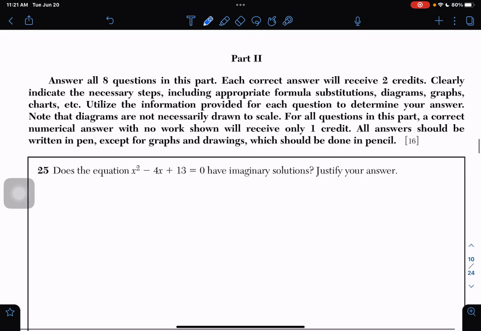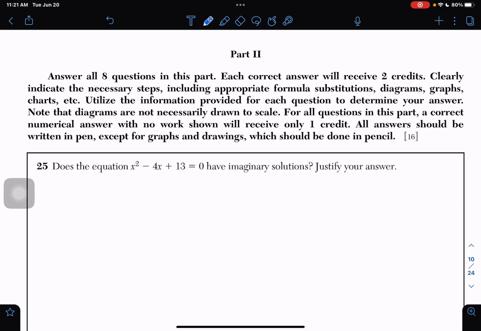All right, let's keep going. Does the equation x squared minus 4x plus 13 equal to 0 have imaginary roots? Well, all we need to worry about is the discriminant, the part under the square root, b squared minus 4ac. A is equal to 1, b is equal to negative 4, and c is equal to 13.